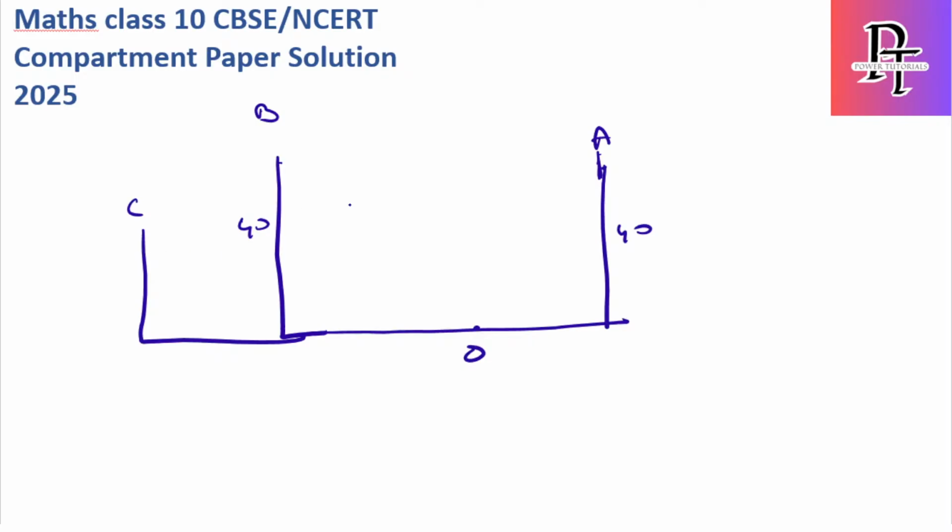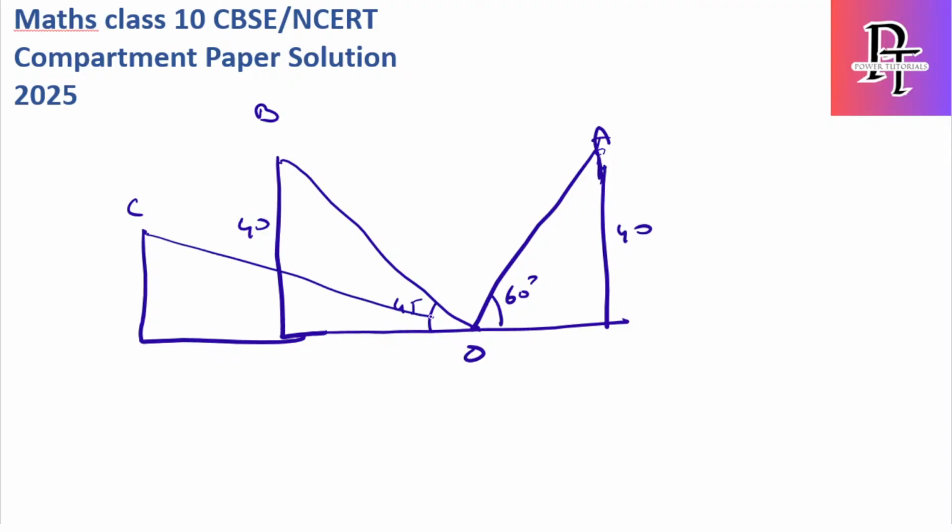This side they haven't mentioned. This angle they have mentioned as 60. 60 means a little upward when compared to B's angle, which is 45. So this way the B distance will be longer when compared to the A distance. And from point C they have mentioned the angle as 30, so this distance is much longer. So always remember, the larger the angle, the shorter the distance. The smaller the angle, the longer the distance.